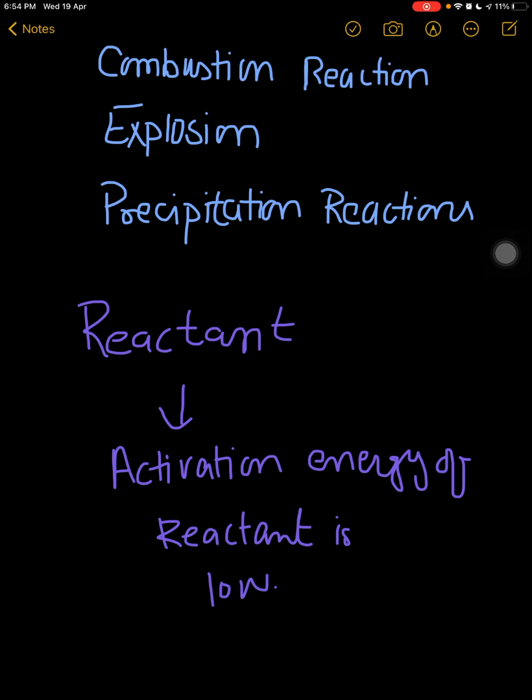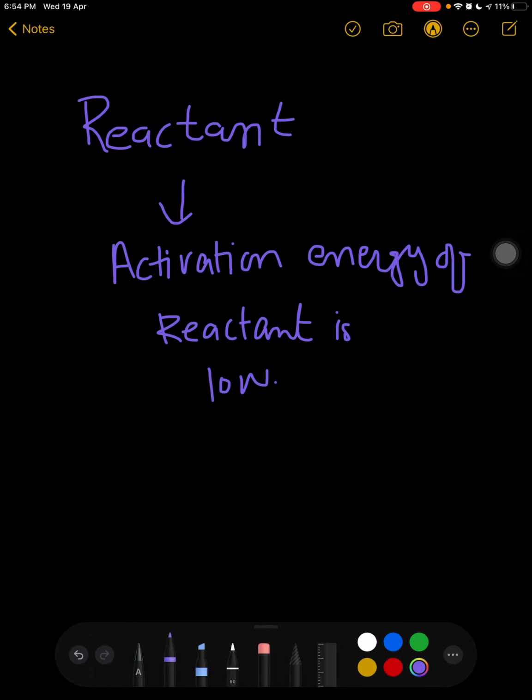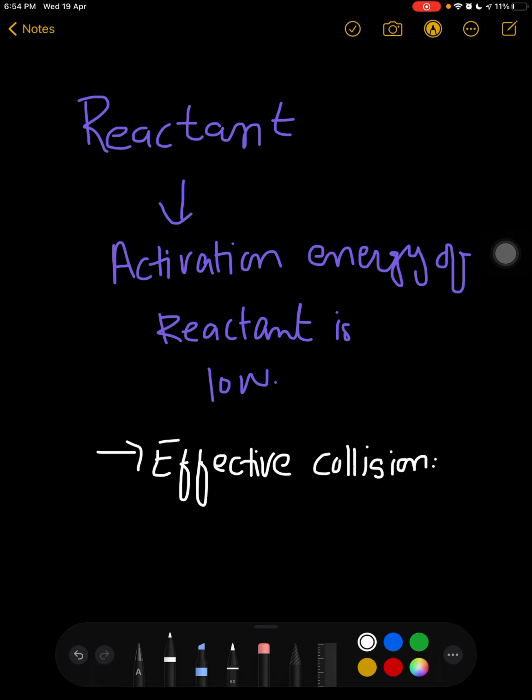Why is it low? Because then there can be effective collision. As the activation energy is low, they can easily collide and the reaction can occur. So that's why they are known as fast reactions.